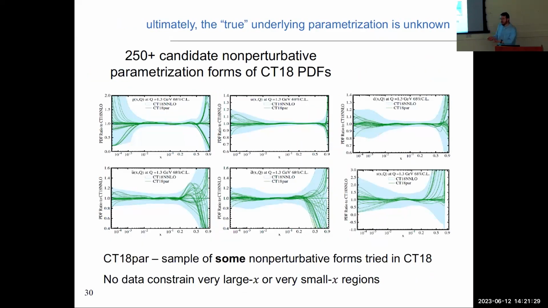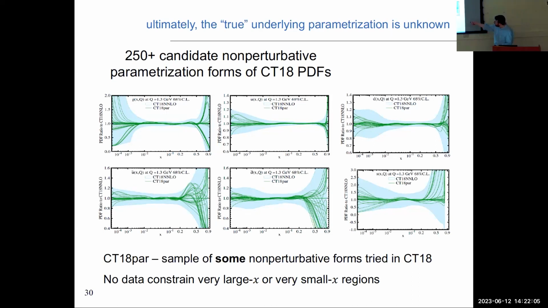If you take this CTEQ style approach, but really just in general, we have no knowledge of what the true underlying parameterization is. So in a fit like the CTEQ family, what is often done is one simply tries many different candidate fits. The green lines are literally just using different polynomial forms, varying the number of parameters that are actively fitted, varying various things to try to understand the extent to which there is a model uncertainty, which is part of the contribution to the total uncertainty in the PDFs.